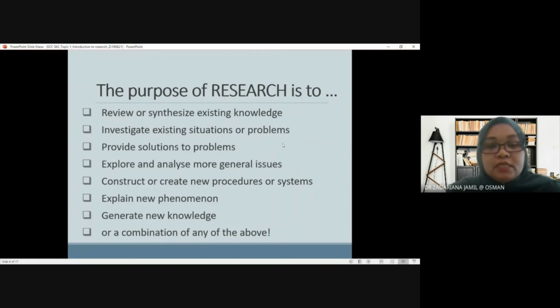Some research combines providing solutions to problems and also exploring and analyzing more issues. So it can be a combination of these purposes of the research.